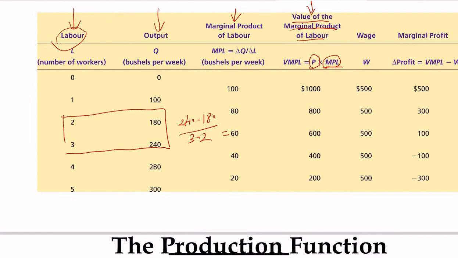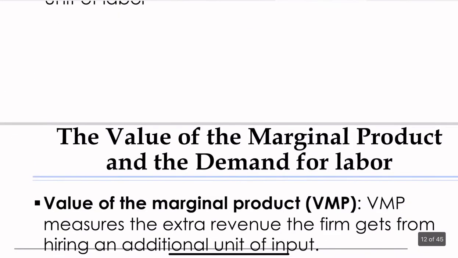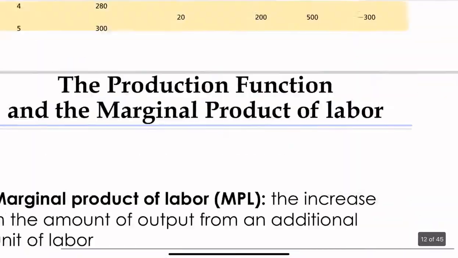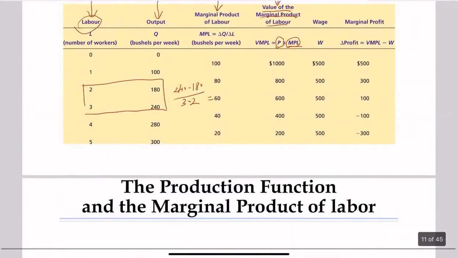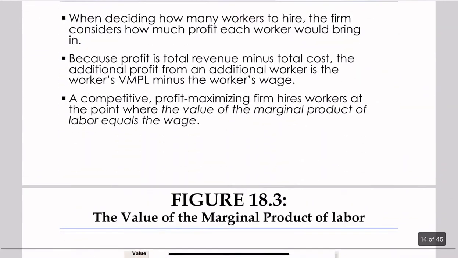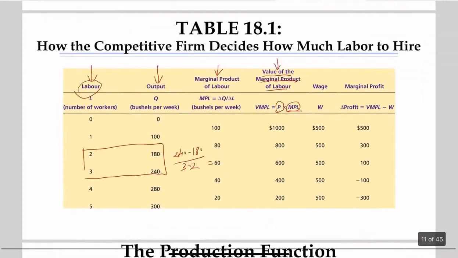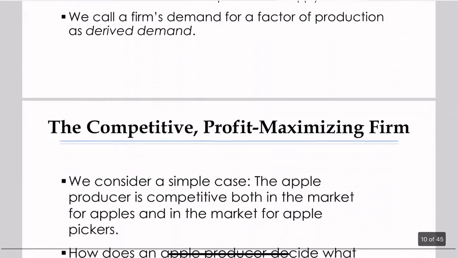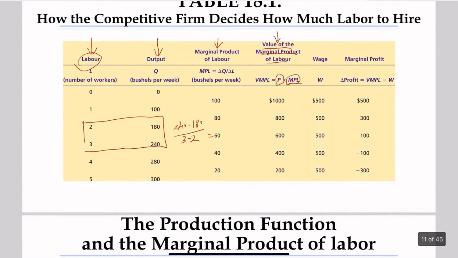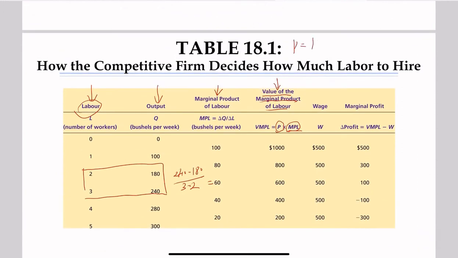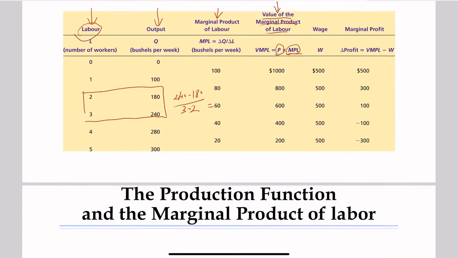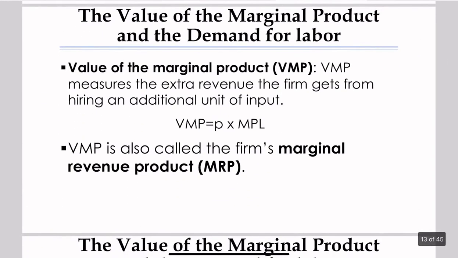And you can see why this is called value of marginal product. First, I guess I have to find out what the price of apple is. What's the price of apple here? The lecture note does not tell us explicitly, but it's pretty easy to see that P, the price of apple, equals 10. So according to the definition, the value of the marginal product equals the market price of apple times the marginal product of labor.